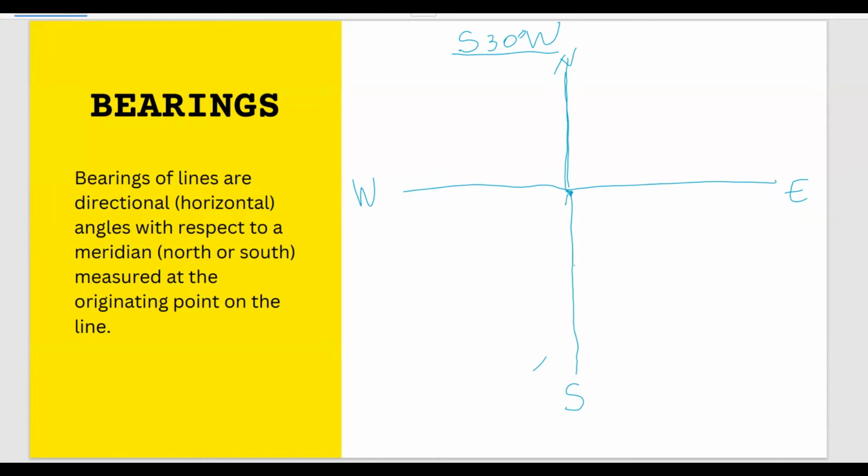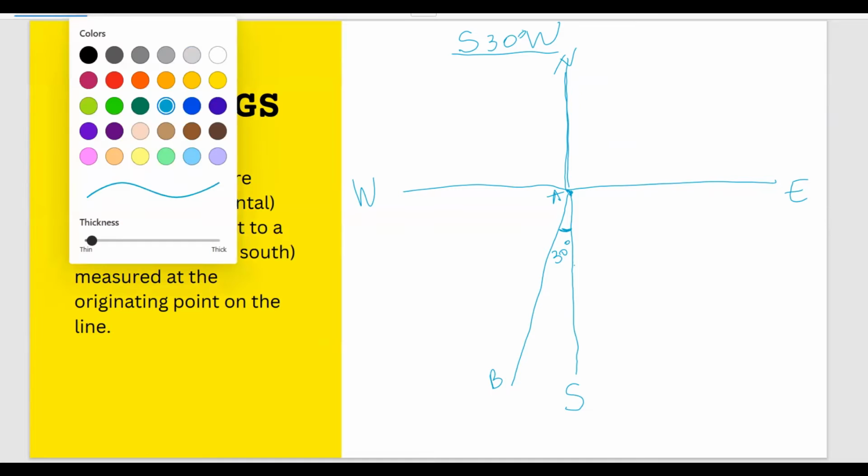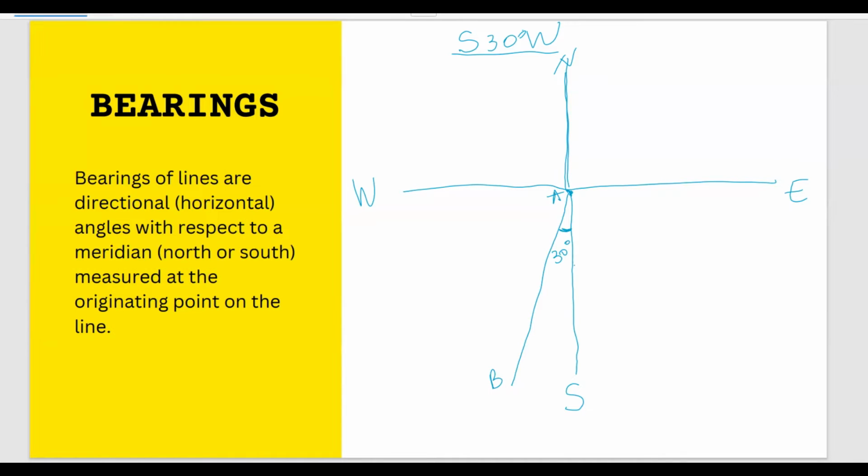So I draw a line starting from here, 30 degrees with respect to the south meridian. So this is 30 degrees. And this is my line AB, let's say. And now this is how you draw a line, knowing the bearing of that line.